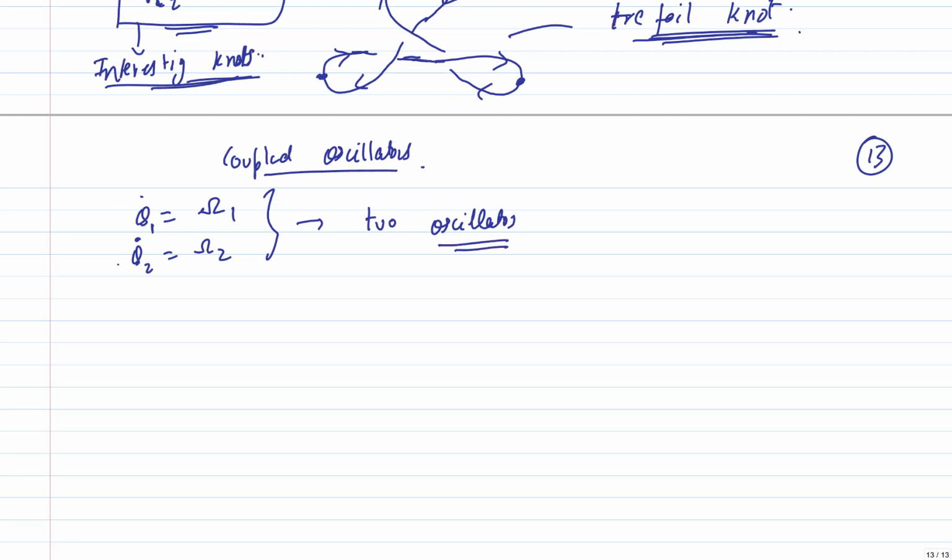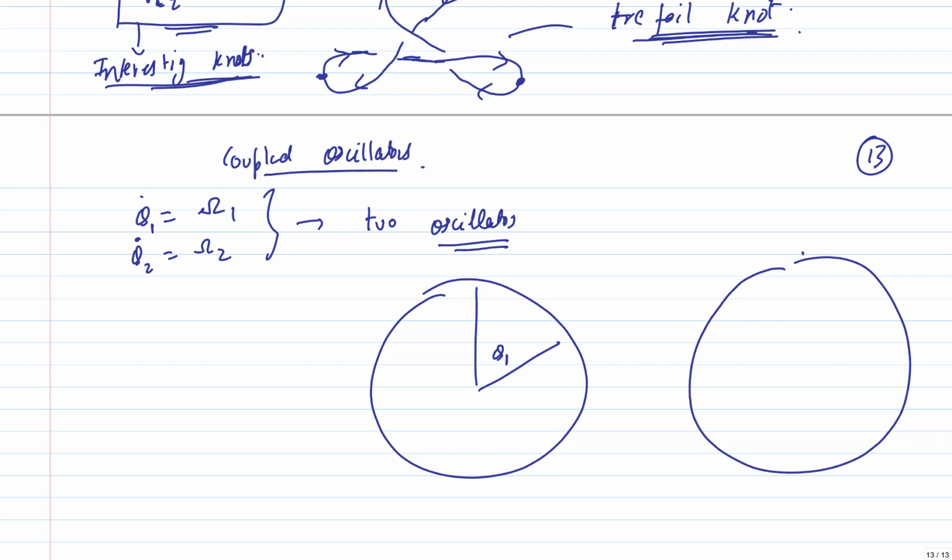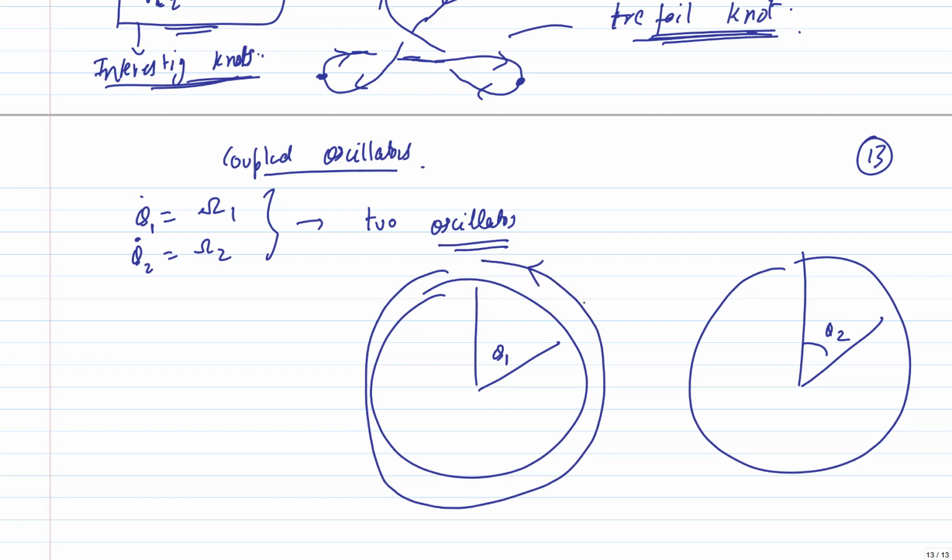Why am I calling this an oscillator? Because this can be regarded as a map on a circle where I have theta 1 and this is another trajectory, theta 2, and I can regard this motion on a circle with an angular velocity omega 1. Now notice, this is not the frequency, but this can be regarded as an angular velocity. Omega 2 is the speed on the circle.